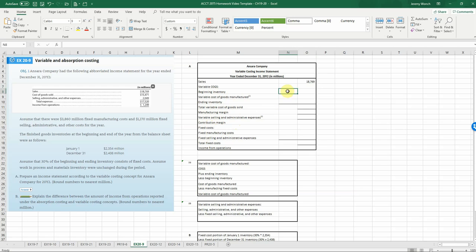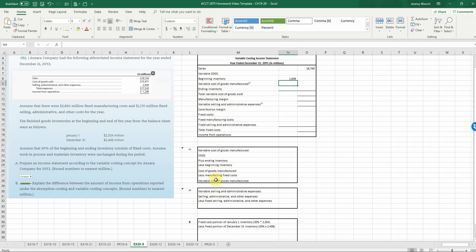So with our beginning inventory, it said that we have 2354. But it also tells us that 30% is fixed, and so we're just talking about the variable portion. All right, and then we want to calculate our variable cost of goods manufactured, so let's drop down here to calculate that.